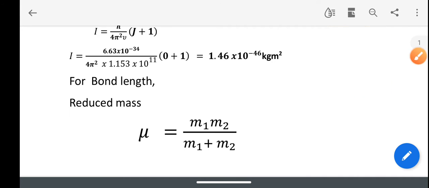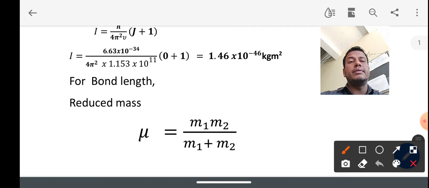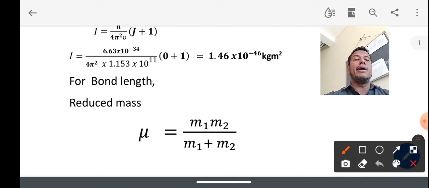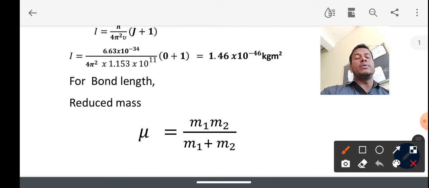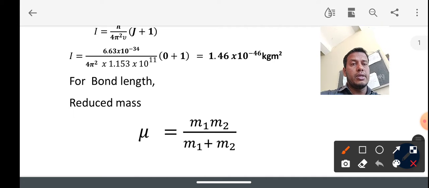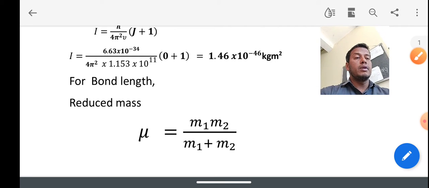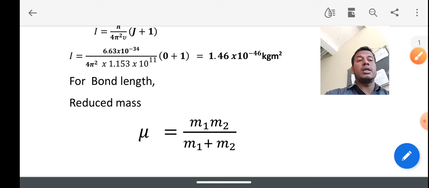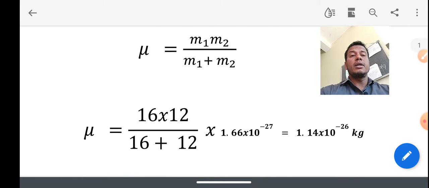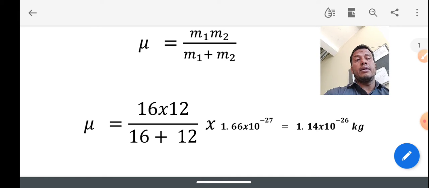As we move further, let us calculate the bond length. Before that, I equals mu R square, so first we find the reduced mass. The reduced mass is given by m1 into m2 by m1 plus m2. For carbon monoxide, the atomic mass of carbon is 12 and of oxygen is 16.